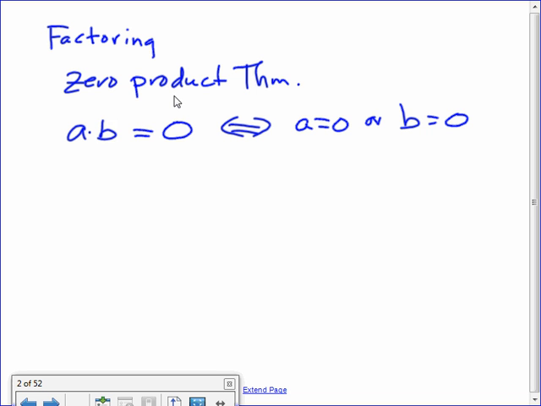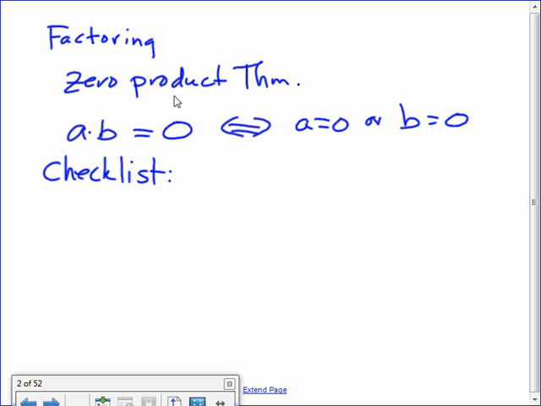Now, we've done that already with quadratic polynomials, which is second degree, but we're going to perhaps look at polynomials of even higher degree. So now what we want to do is talk about factoring. When you have a polynomial that you want to factor, there's a hierarchy or a checklist that it helps if you go through.